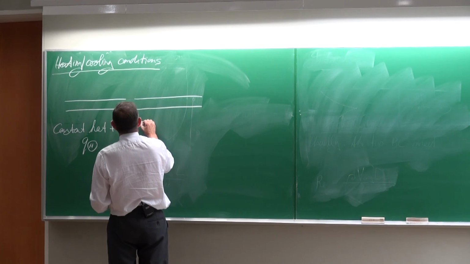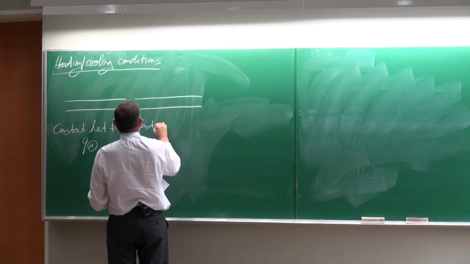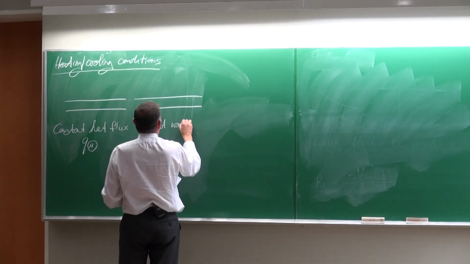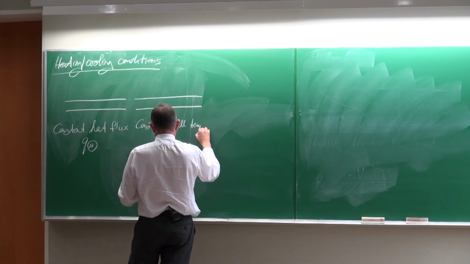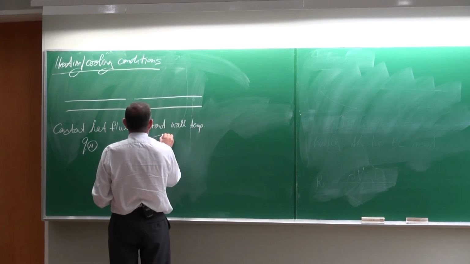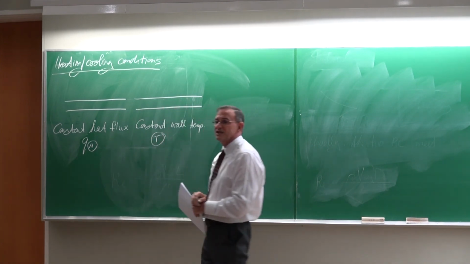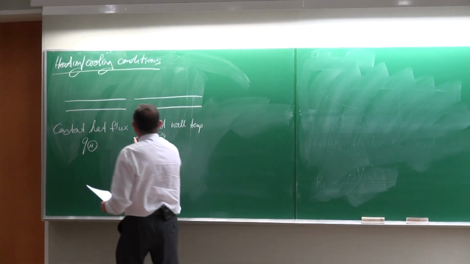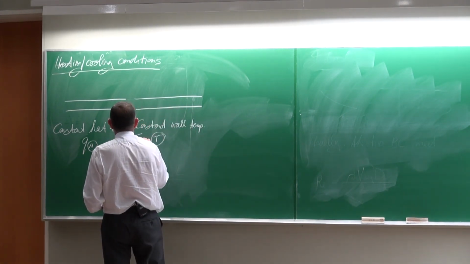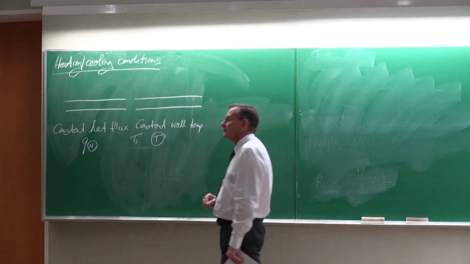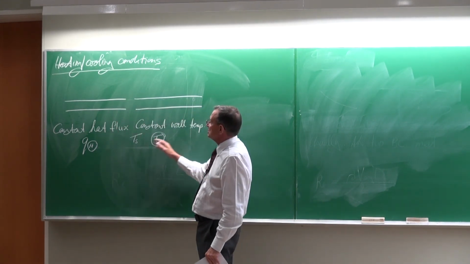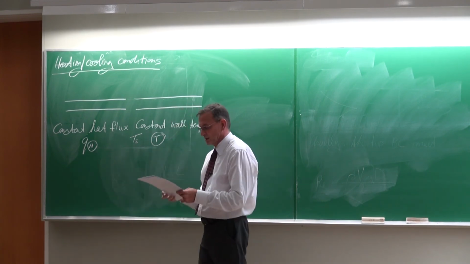While in this case, we are going to have a constant wall temperature, and that is going to be indicated with a T. Temperature Ts is constant. So here the temperature is constant, there the heat flux is constant.